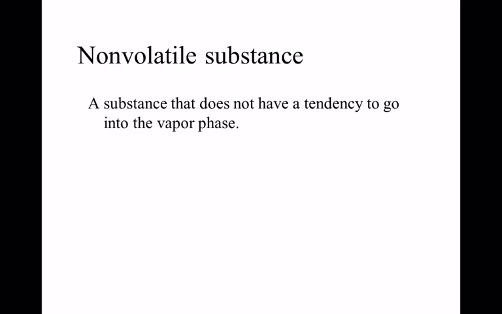So let's just focus on two components, and one of them is non-volatile, something non-volatile like salt or sugar. So it will not tend to want to go from the liquid to the vapor phase.